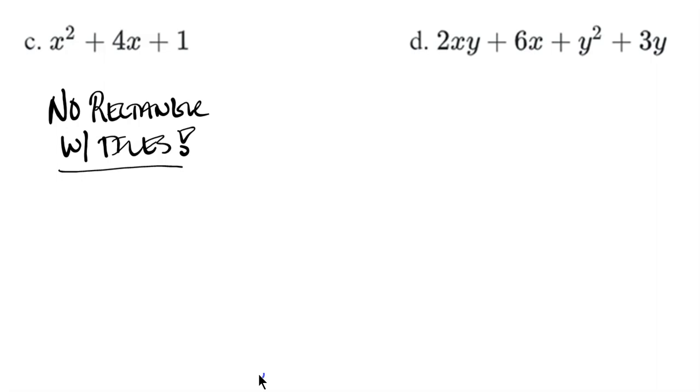So the last one is 2xy plus 6x plus y squared plus 3y.